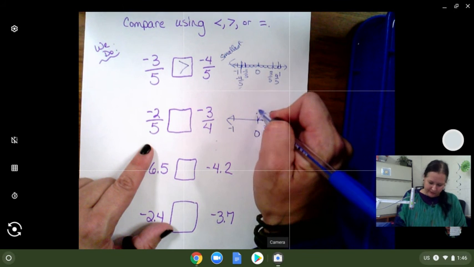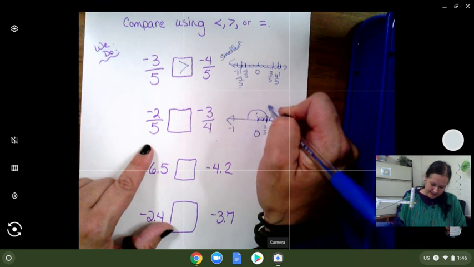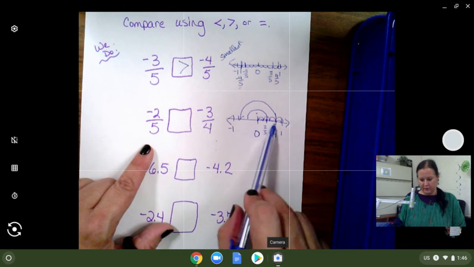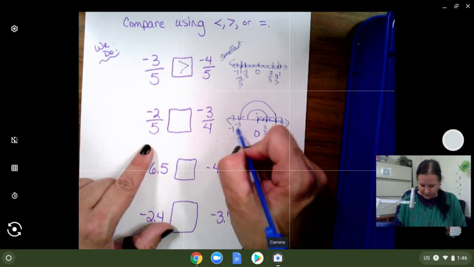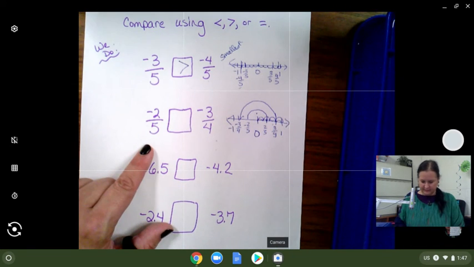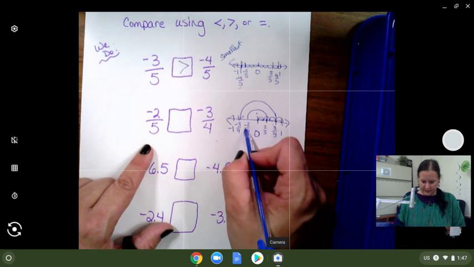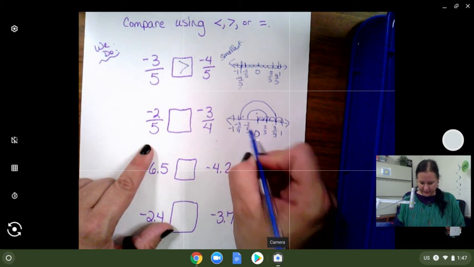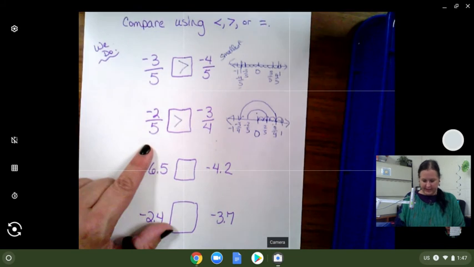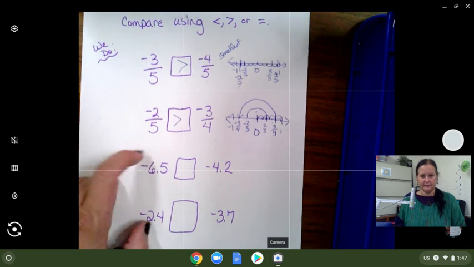So remember, we want to flip these to the other side, and they have to be equal distance, so it's going to make a rainbow when you move them over. This will be our -3/4, and this will be our -2/5. So -2/5 is greater than -3/4.